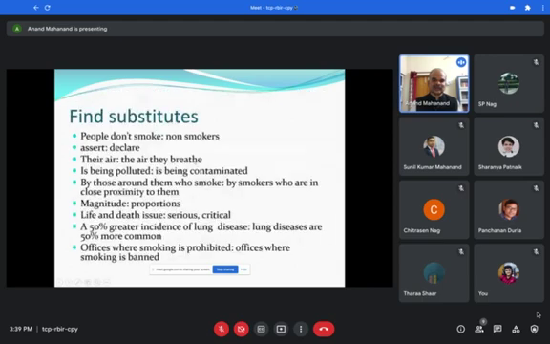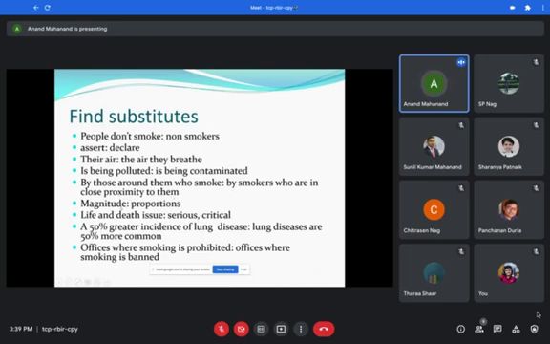So the next slide will have some substitutes or alternatives. Okay. So people who don't smoke, non-smokers. Accept, you can change into declare. The air they breathe is being polluted, is being contaminated. So alternative words you have to think, because you are not supposed to use the same words, no? So you have to think of some alternative words of your own. Just think, you will get them certainly. By those around them who smoke, by smokers who are in close proximity to them.